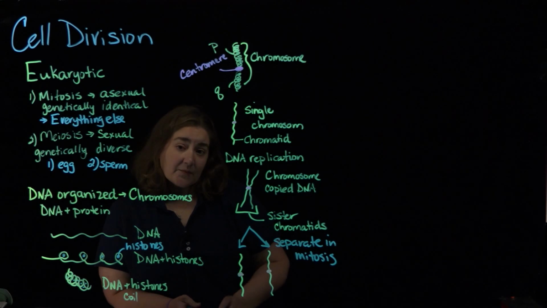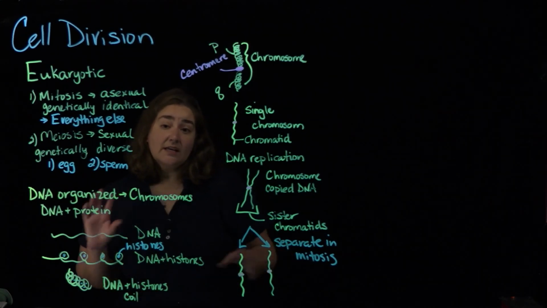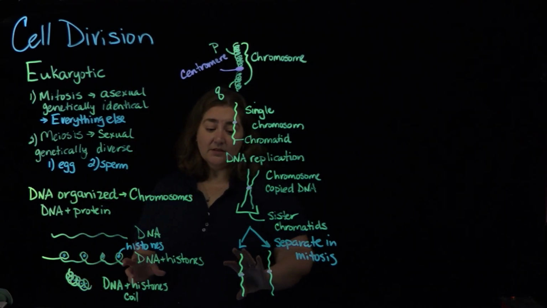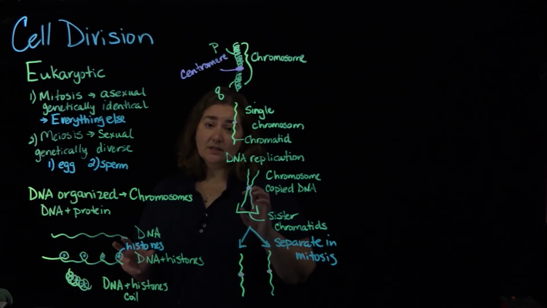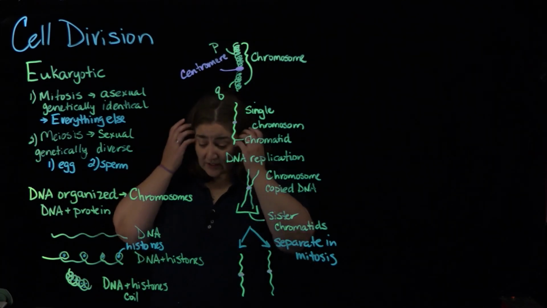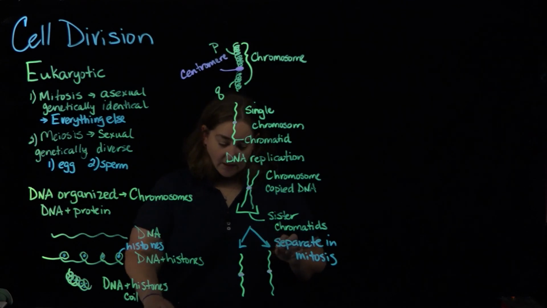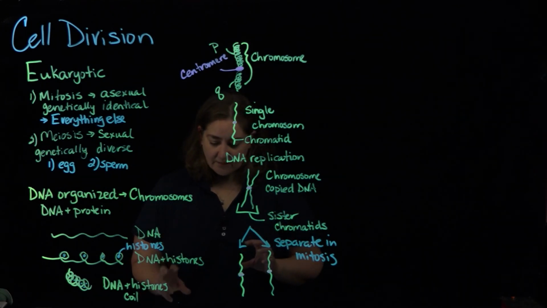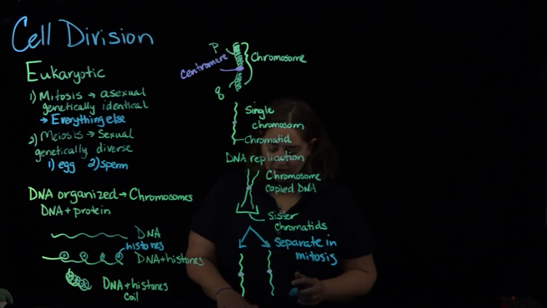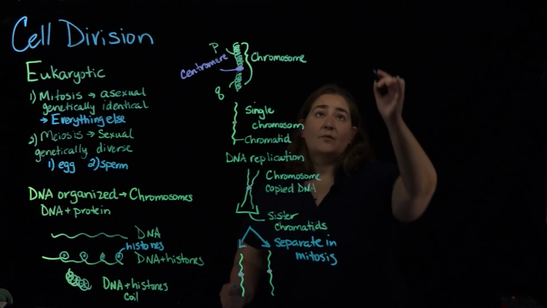Because we want to divvy up the information equally between the two cells, because those chromosomes represent the instruction manual for the cell. So those are our sister chromatids. What I'll do next, I'm going to talk a little bit about the stages.